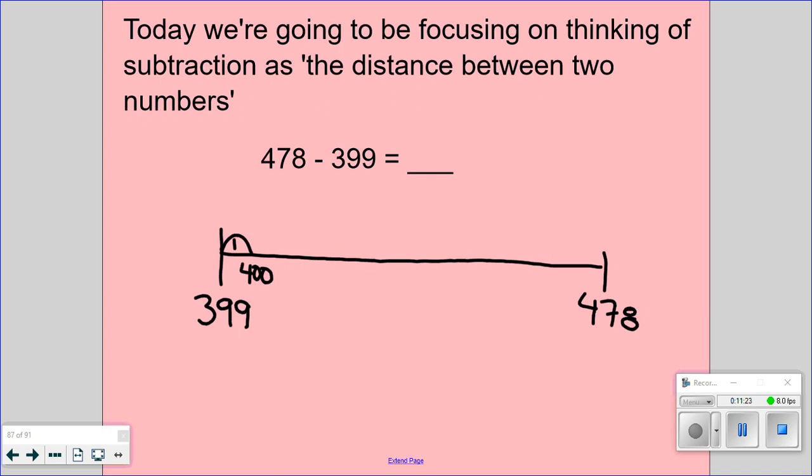Kobe wants to know, can we jump something bigger? We're at 400. So could I jump something bigger? What could I jump? I can jump a 10. 10 is fine. But knowing that we're at 400 and we're trying to get to 478, what could we jump?